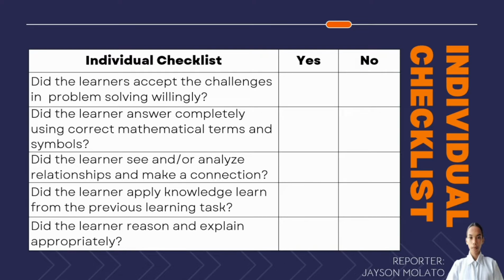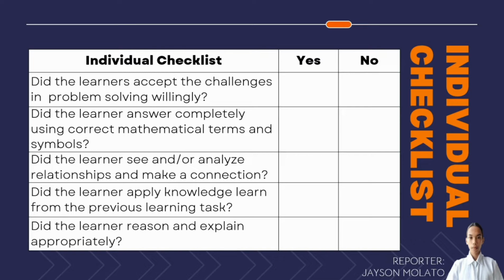As I said earlier, it is the form of checklist that is answered as yes or no. So for example, you are trying to solve a problem, so the following questions should be asked. Did the learners accept the challenge in problem solving willingly? You may answer yes or no. Did the learner answer completely using correct mathematical terms and symbols?